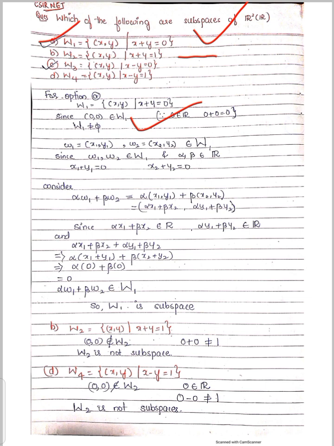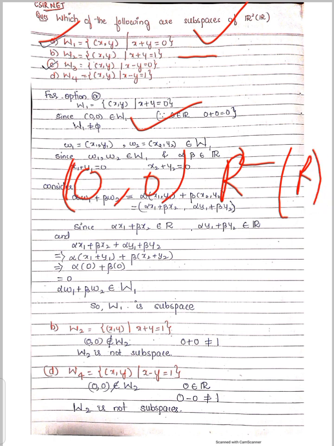If you want to check whether any given set is a subspace of R2 over R or not, the first thing we have to check is whether the identity element 0 is present or not. If I take 0, 0, this is the identity element of your R2 over R, right? But the condition for your W2 is that x plus y must be equal to 1.